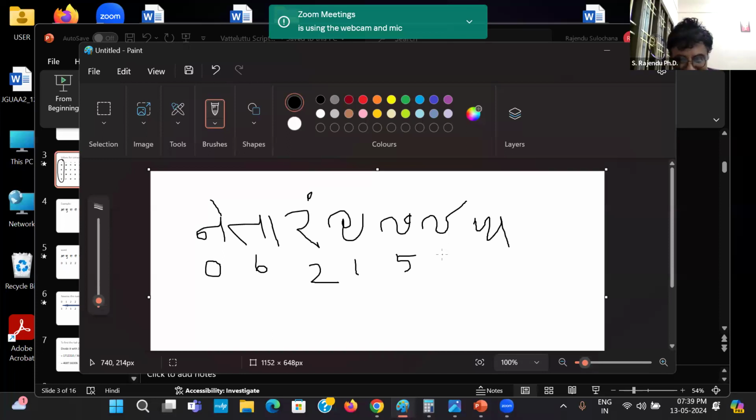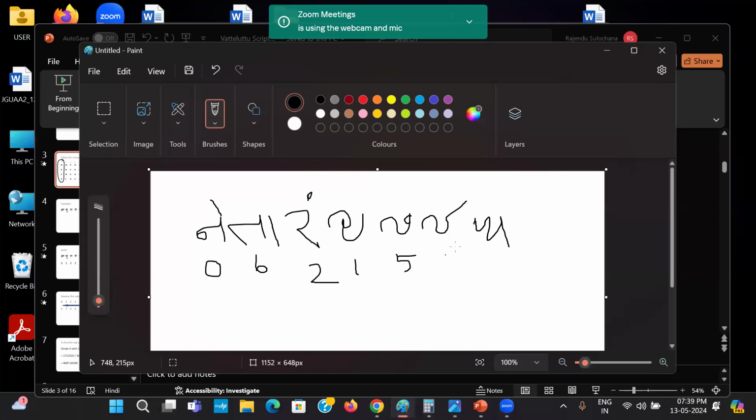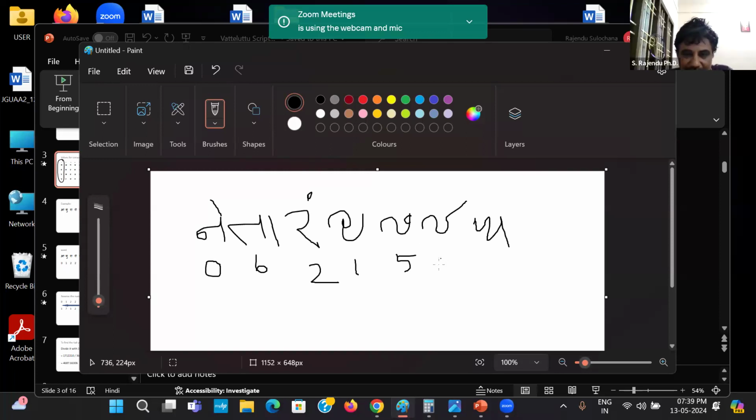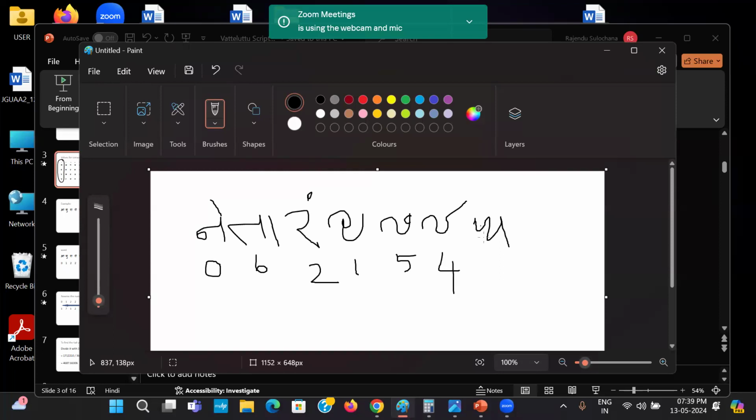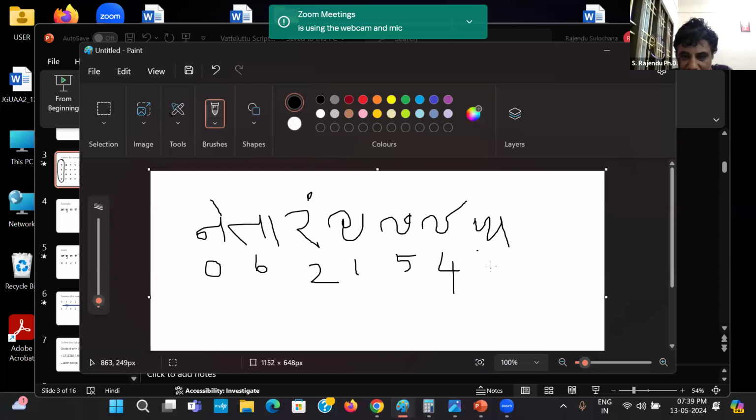Then Va is 4. Then Pia, Pia means Ya, you can take the second one. Ya is 1. In the next step, you can reverse it. Reverse it: 1, 4, 5, 1, 2, 6, 0.